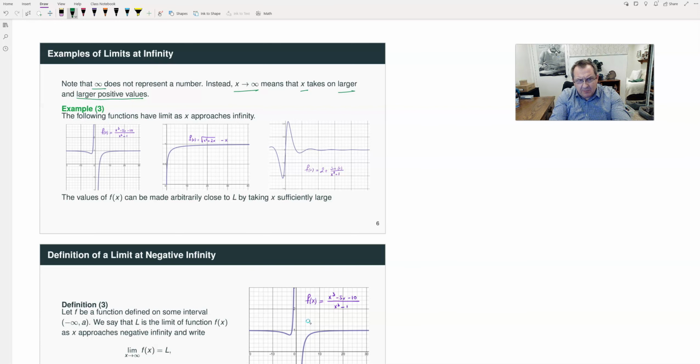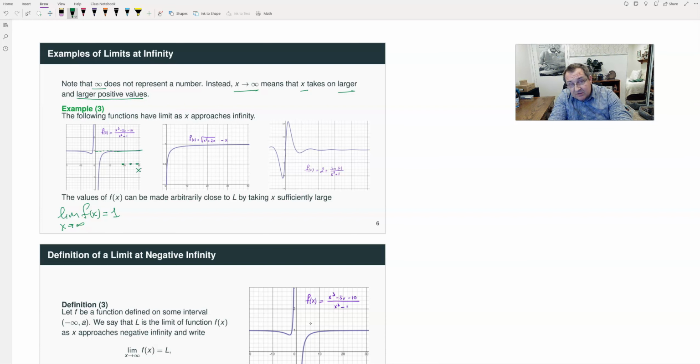So here are a few examples of functions that have limits at infinity. In particular, this first function has limit at infinity equal to 1. We can see that as we increase values of the variable, values of the function are approaching 1. So we can say that in this case, the limit as x goes to infinity exists, and it is equal to 1.